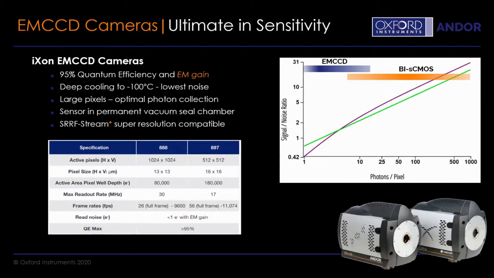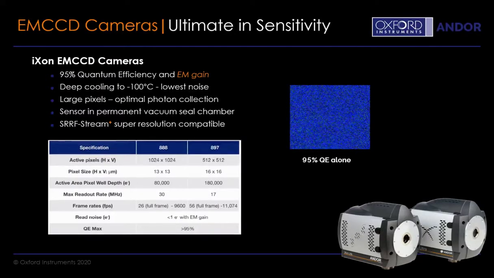Since back-illuminated sCMOS cameras have been around for a couple of years now, people have made different comparisons of the sensitivity of the different cameras, and EMCCD cameras still remain the ultimate in sensitivity compared to any back-illuminated sCMOS camera, and that can easily be demonstrated.